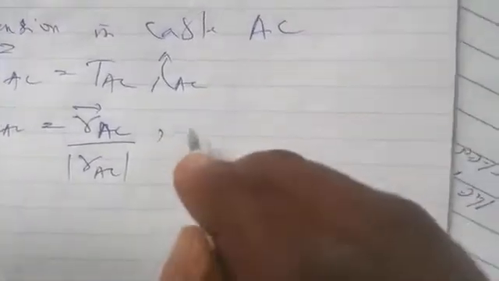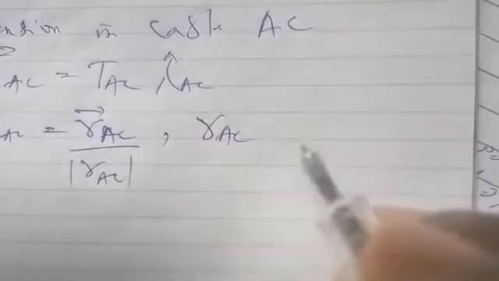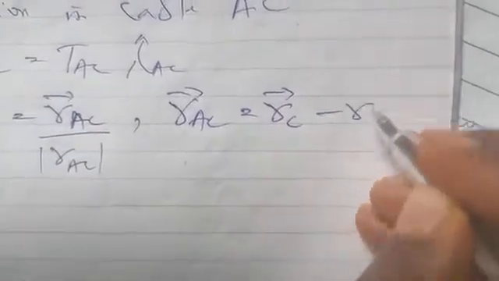The unit vector in cable AC, of course, is the position vector of AC all over the magnitude of the position vector in AC. So all we need to do now is find the position vector of cable AC. Now, the position vector R_AC is simply what? Final minus initial. So it's R_OC minus R_OA.